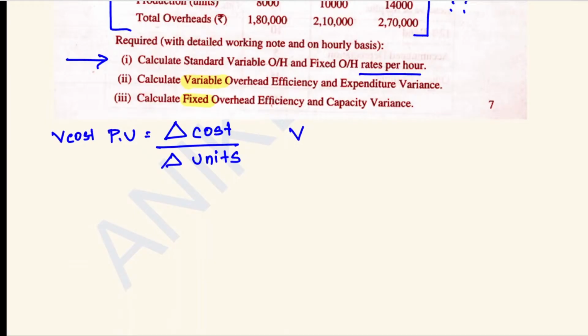Similarly, variable cost per hour is given by change in cost divided by change in hours. So using this formula, you will be able to find out the variable and fixed components.